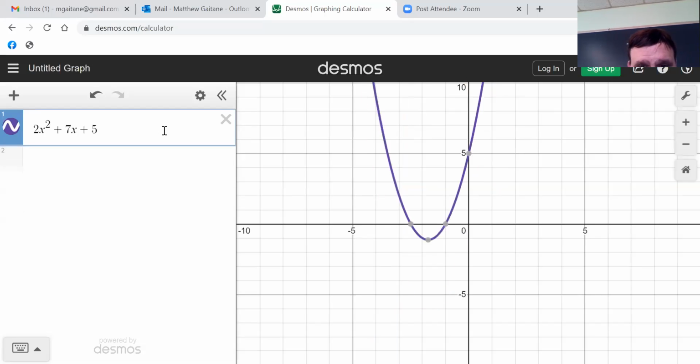Watch what happens. It actually works out. This is actually going to work out easier. So your two excluded values are negative 2.5 and negative 1. So let's just make note of that.